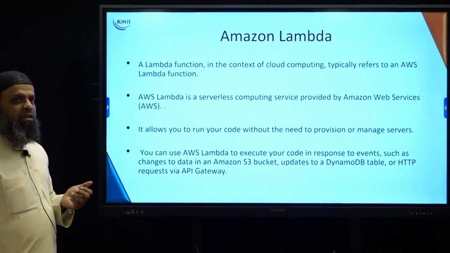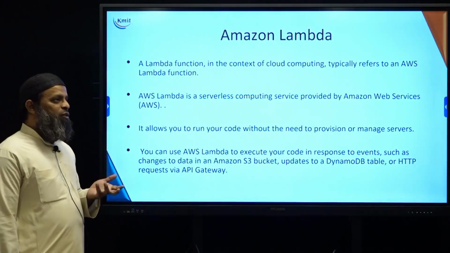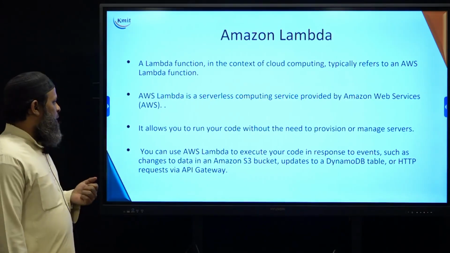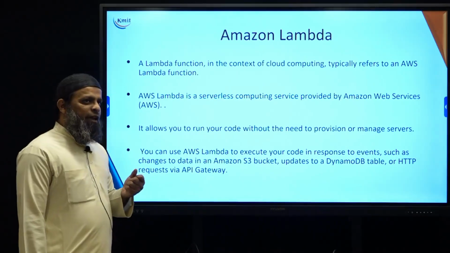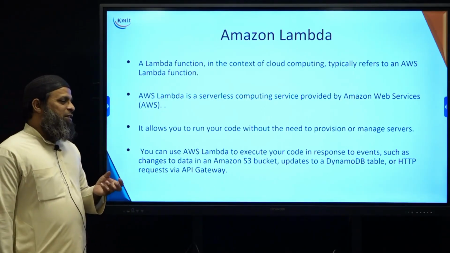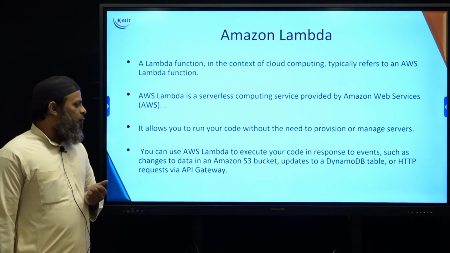It means you do not have any server; directly you can launch this function, you can trigger this function, and it will be running in the Amazon environment. It provisions or manages the servers which are required on its own, and it will run the task whichever you are going to perform.